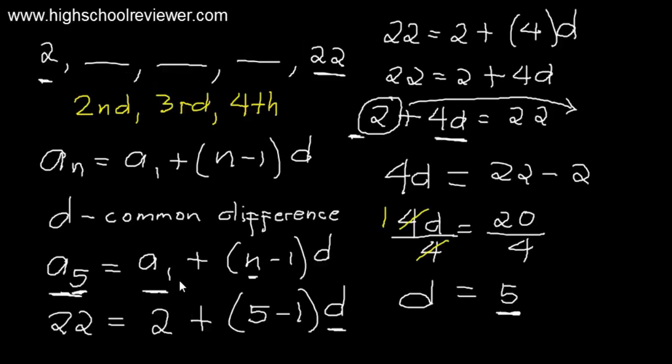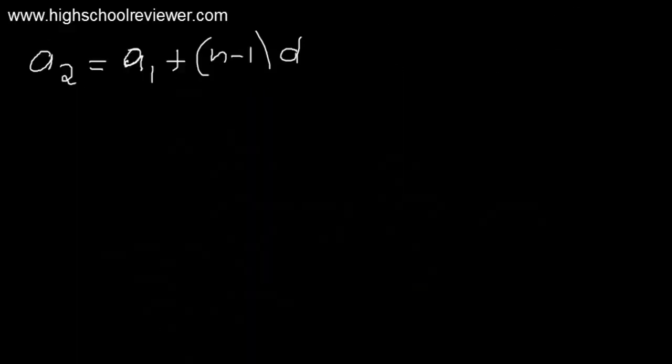So our second term, the equation will be a sub 2 is equal to a sub 1 plus n minus 1 multiplied by d. So let's check. Our a sub 1 here is positive 2 plus our n here, since this is the second term, our n will be positive 2 minus 1 multiplied by d.